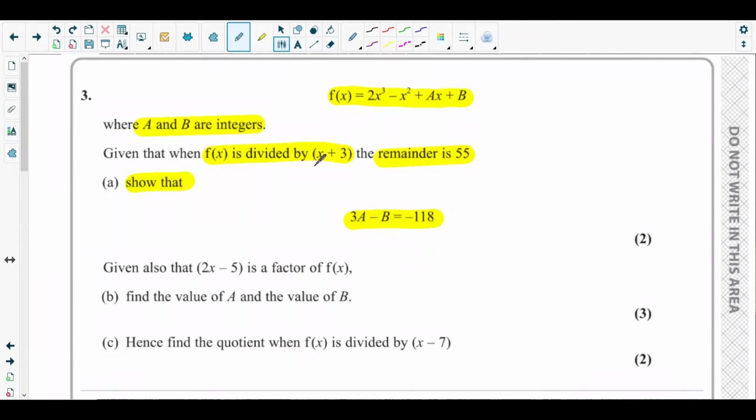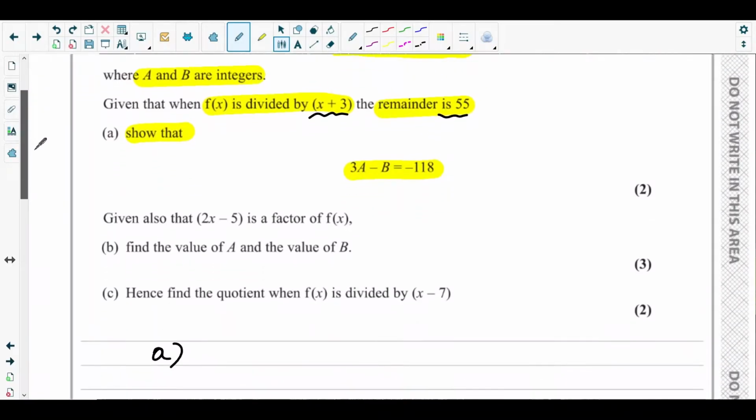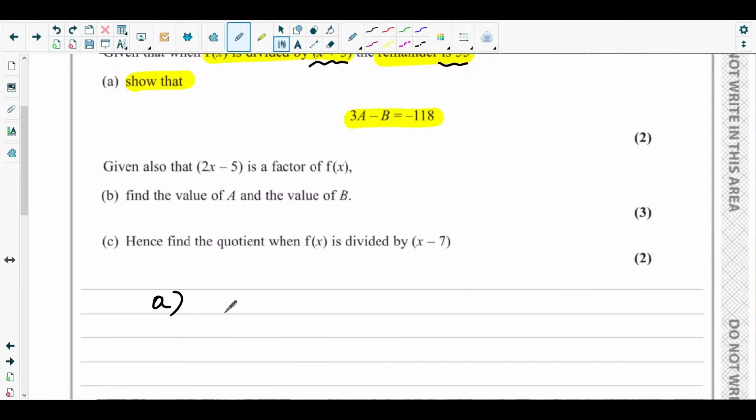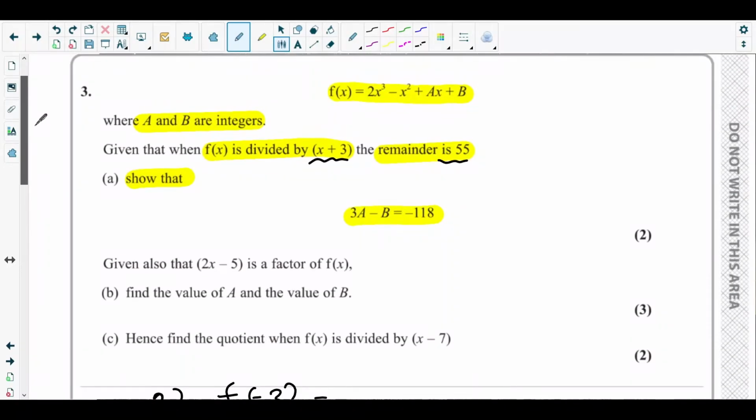Since they said when f of x is divided by x plus 3 it gives remainder 55, we can use the remainder theorem. According to the remainder theorem, we need f of negative 3, because x plus 3 is there. So we put negative 3 into the function f of x.